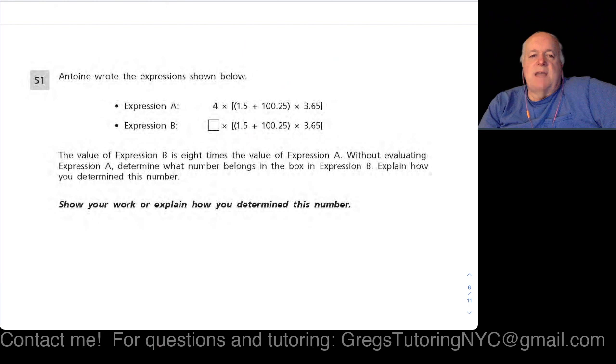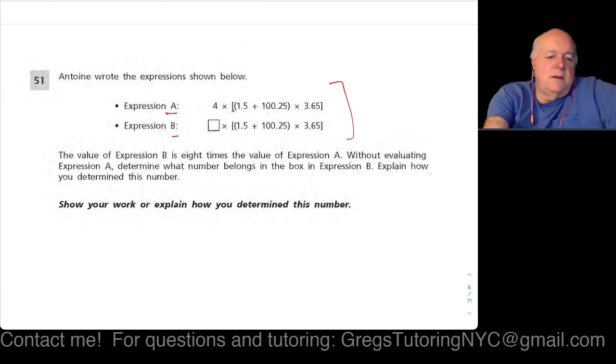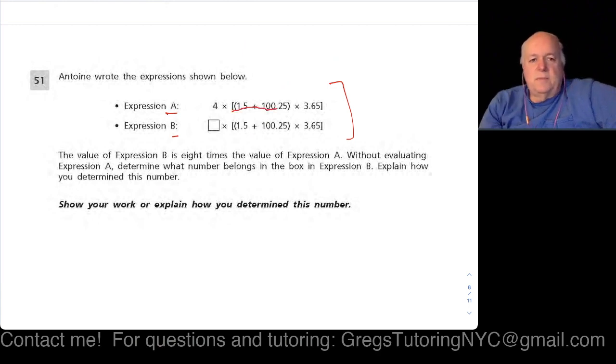This is not necessarily an illustration, but it's kind of in the form of one, right? So what I'm going to notice is that there's two expressions, A and B, and this part that I'm underlining, and this part here.